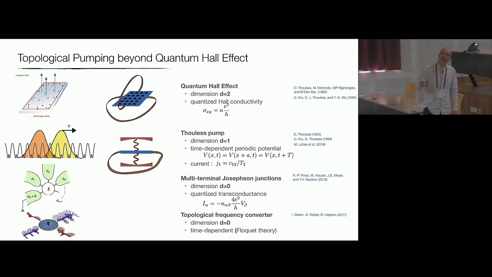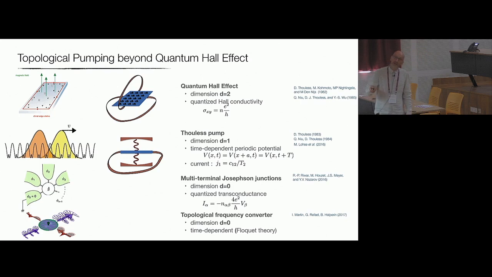If you view the drive as a classical system, you have a dynamical classical variable coupling to your quantum system. And you induce a current, so if you couple an electrical circuit to your 1D system, you induce some change of charge in this system. The Thouless pump is nothing but, again, the same phenomenon, where you're pumping from the cavity that's driving your system and injecting the charges in this electrical circuit.